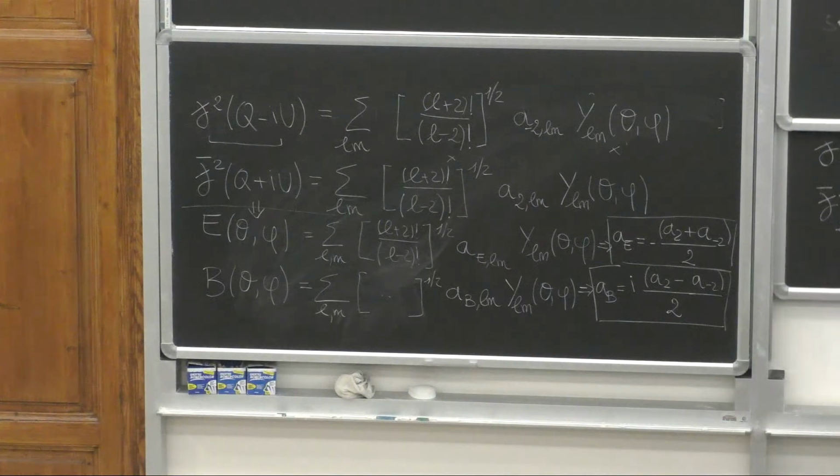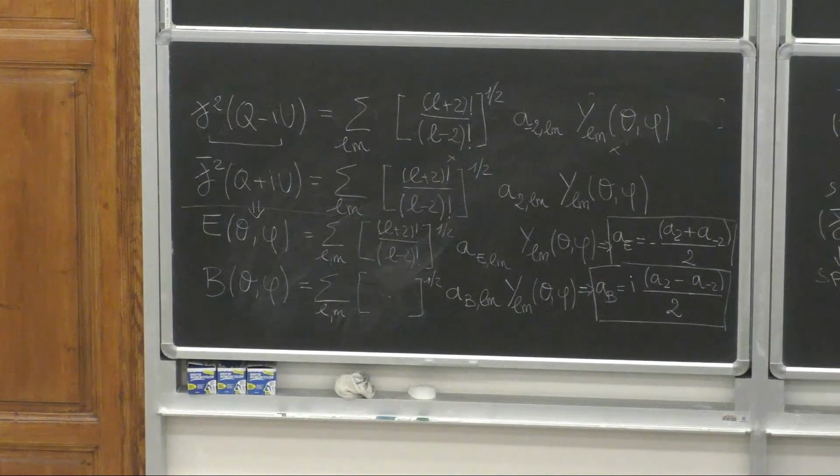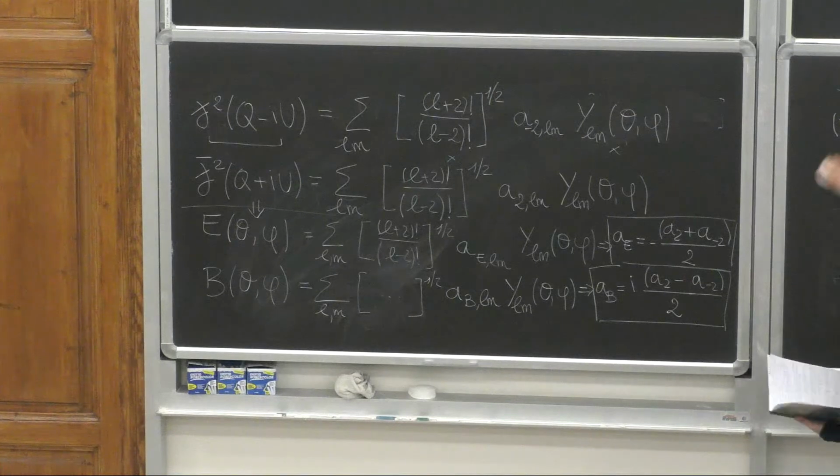Okay, so now we have defined some easy to handle quantities. Remember that these are the fields, but we are not interested in the specific values of these fields because, as we said yesterday, they arise from a stochastic process.